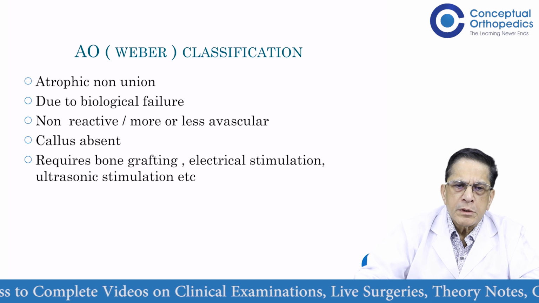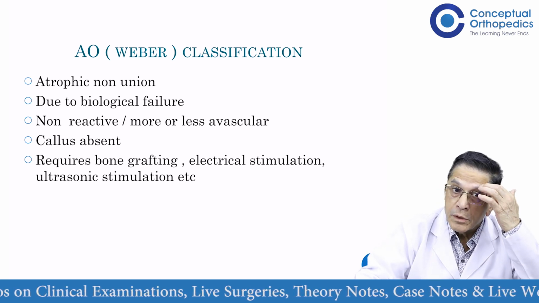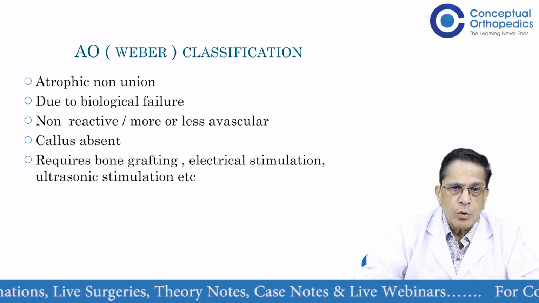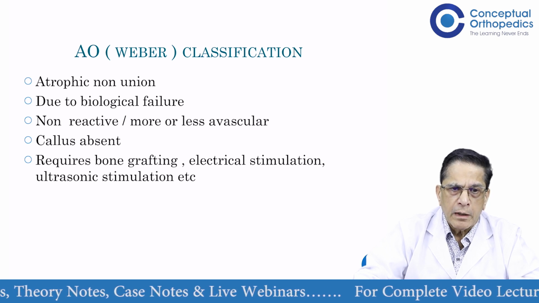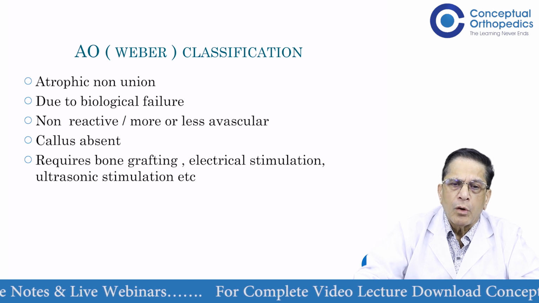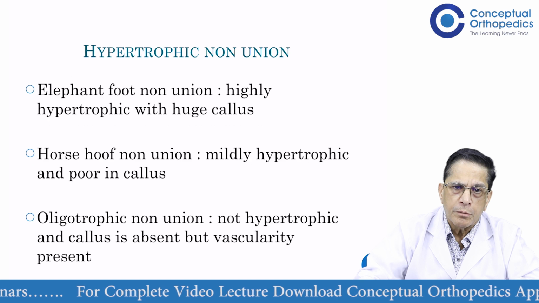Atrophic non-union is because of biological failure, and there are non-reactive bone ends, or it is more or less totally avascular bone end. There is absence of callus, and this requires bone grafting or additional electrical stimulation or ultrasonic stimulation.